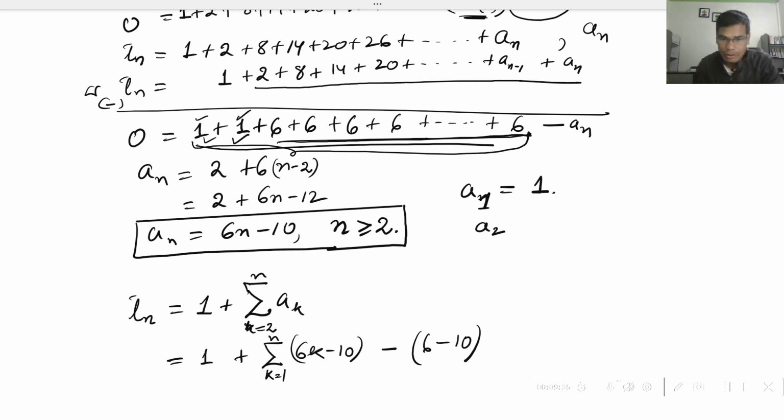So let me just show here. This is from the second term onward, I mean a2 plus a3 plus a4 plus up to an. So we want to start it from k equal to 1, so we add here a1, then we subtract a1.